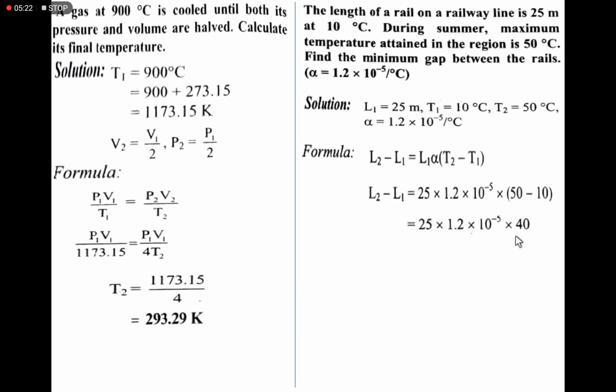So 25 into 40 is 1000. 1000 means 10 to the power plus 3, and here is 10 to the power minus 5. We'll write 1.2 into 10 to the power minus 2 meters. Again, this will be converted into centimeter. So this becomes 1.2 centimeter. Change in length of the rails at 50 degrees Celsius is 1.2 centimeter, or the gap between the rails is 1.2 centimeter.